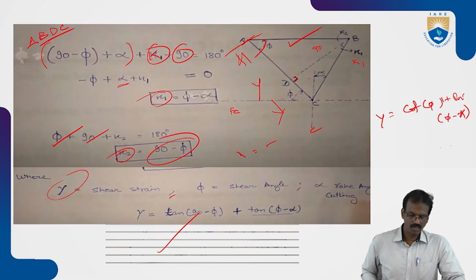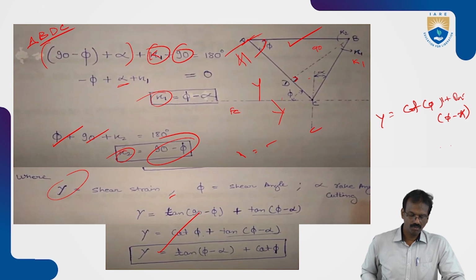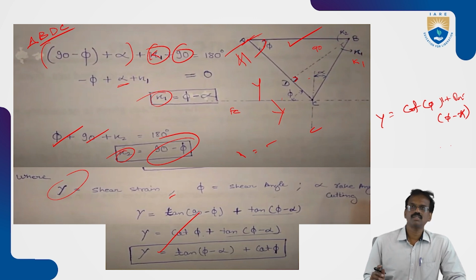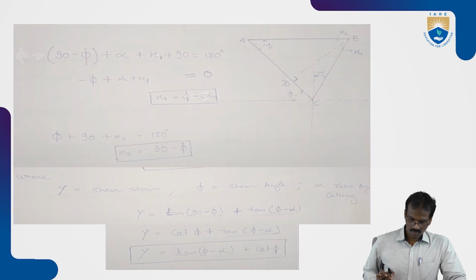Thank you for listening to this class. By this class, I think you have understood what the shear area, the shear force and the strain are, and the relationship between the chip thickness, the chip lengths and the velocities also.